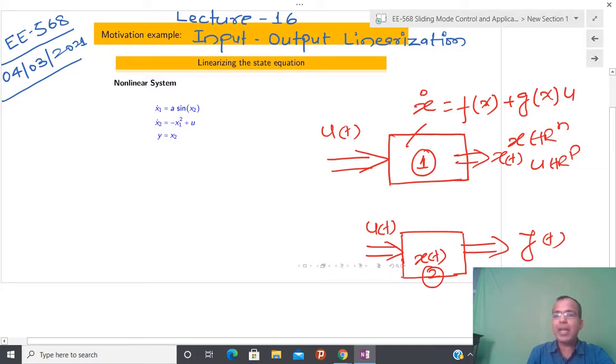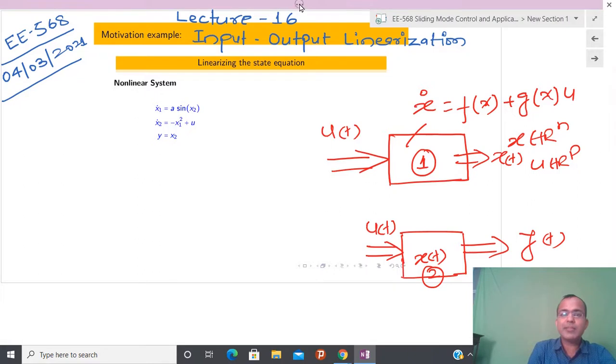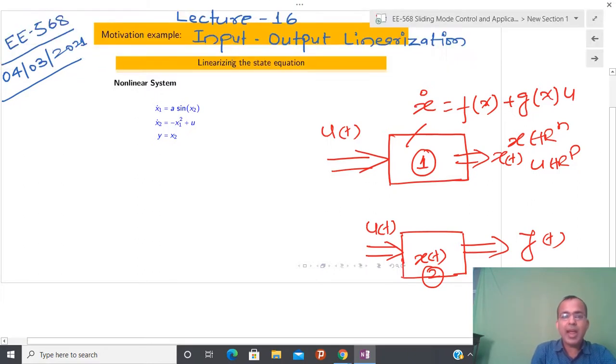I want to apply or design some kind of control such that after applying it, this system, meaning the relationship between input and output, is converted into some specific form, and that form looks like this.